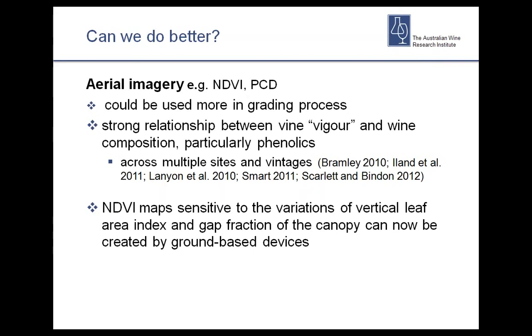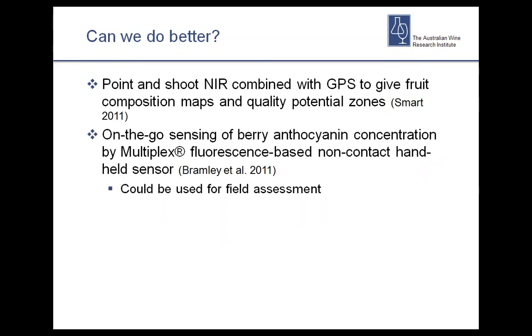It is possible to generate NDVI maps that are sensitive to the variations of vertical leaf area index and gap fraction of the canopy, and they can now be created by ground-based devices. Point-and-shoot NIR, near-infrared spectroscopy, combined with GPS, can generate fruit composition maps and quality potential zones.